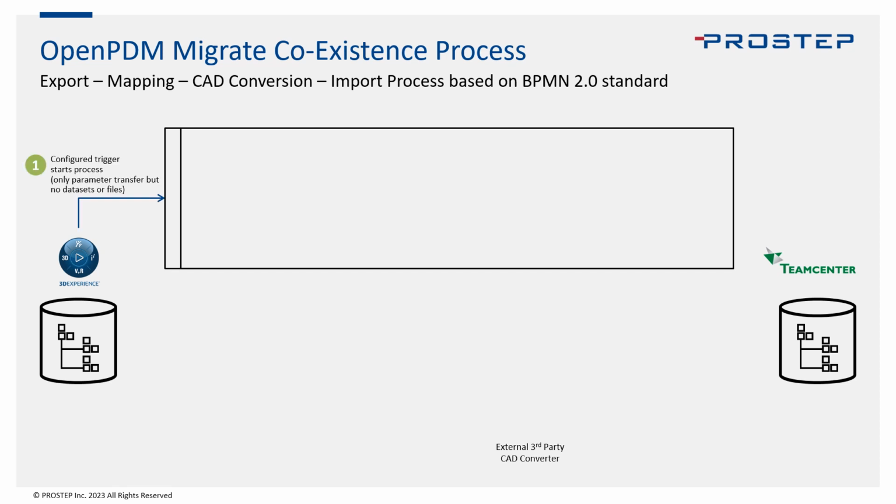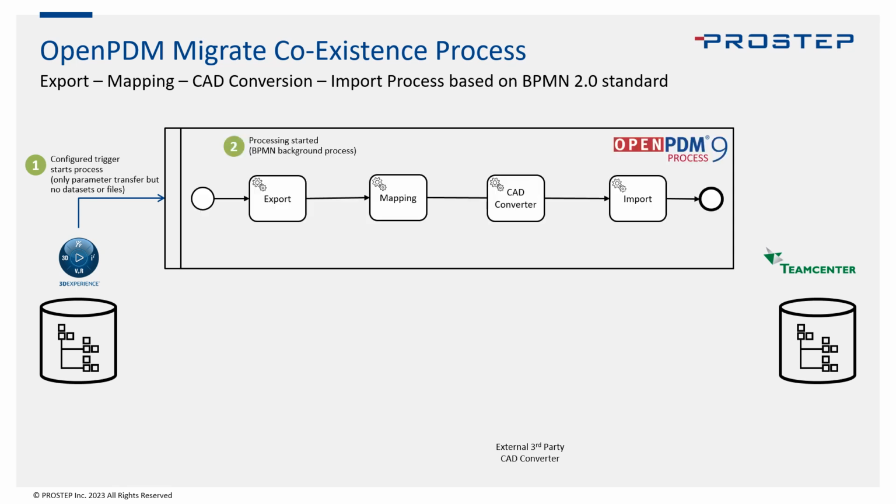In this case, you would put an event trigger within the source system that would prod OpenPDM with a REST interface call that says this is going to be released, as part of maybe a change process.